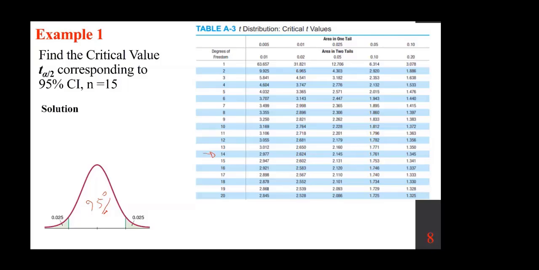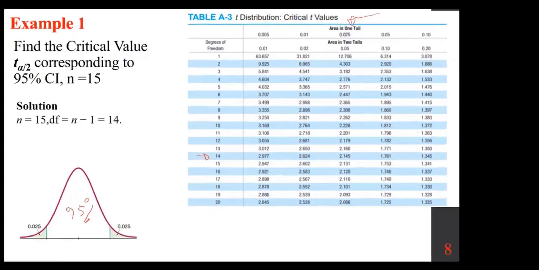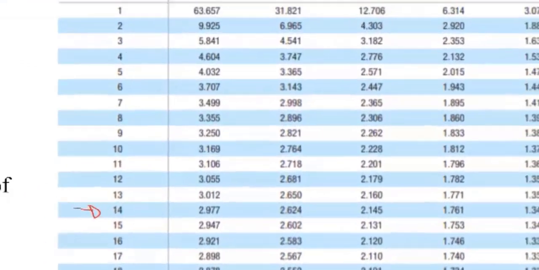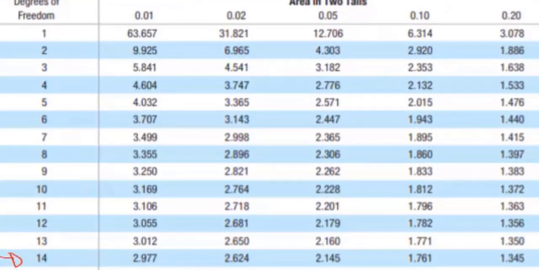Which one is the answer? When you look at your confidence interval, it is 95%. The area in one tail is 0.025 and in two tails is 0.05. And you put them together, you have the answer. So degrees of freedom is 14. 95% confidence level, alpha is 0.05, area in each tail is 0.025.